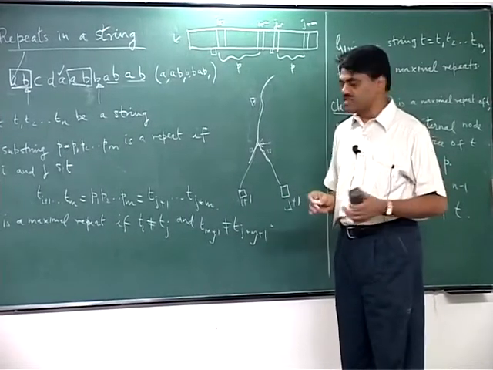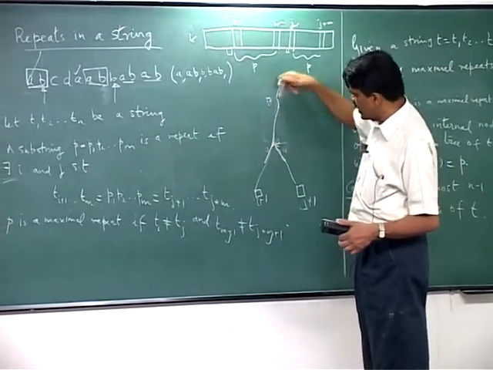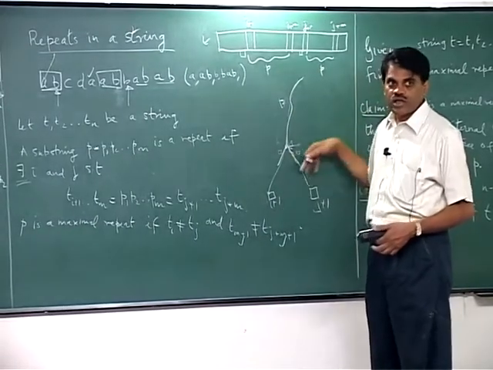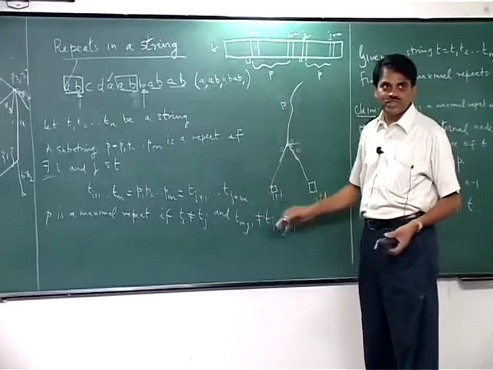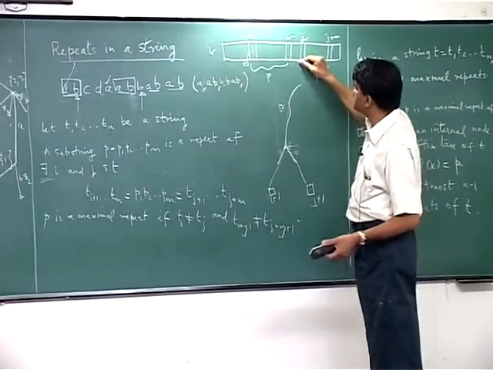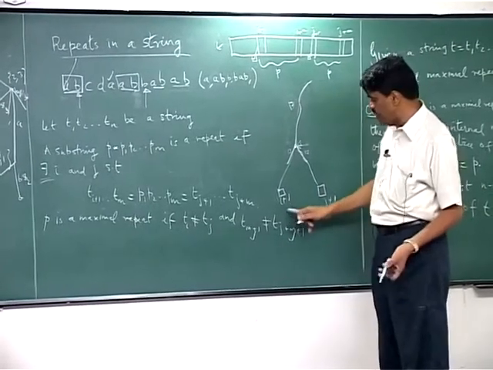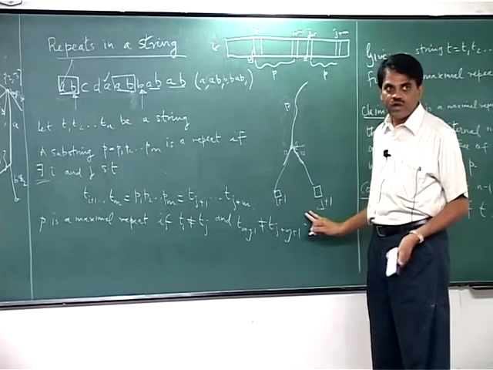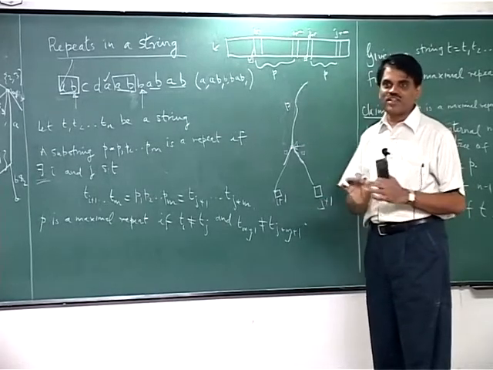Your observation is that since I am branching here, the next symbols for these two suffixes are different. Good point. But the previous symbols, which means something before this P, which is this and this, meaning the Ti and Tj, could be the same. So I just need to verify that, and then I am almost through.